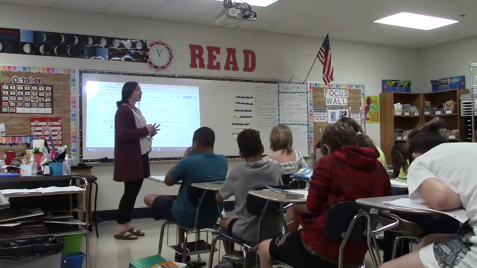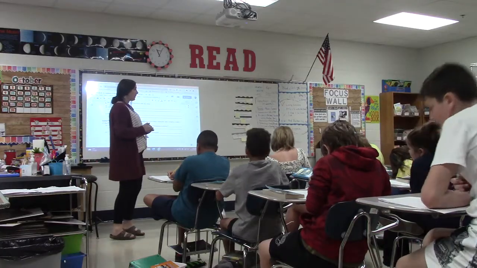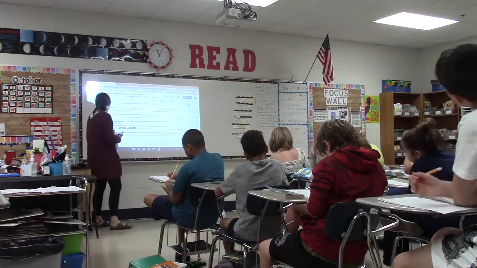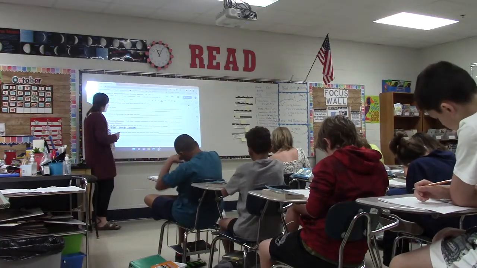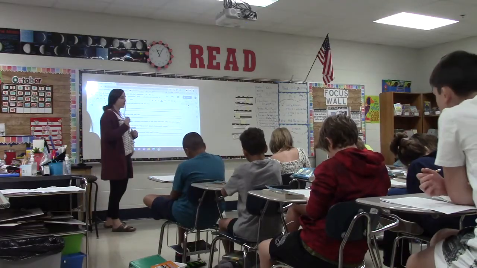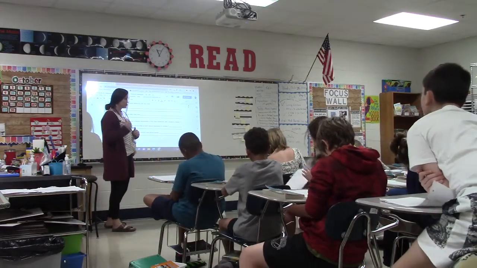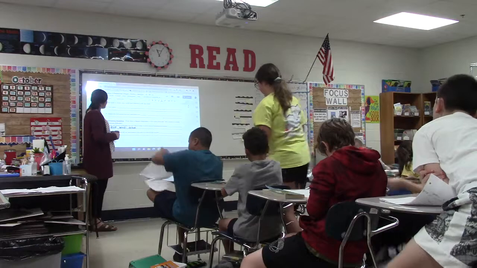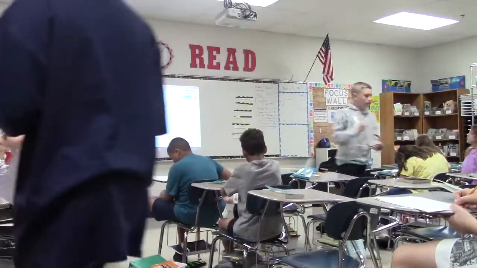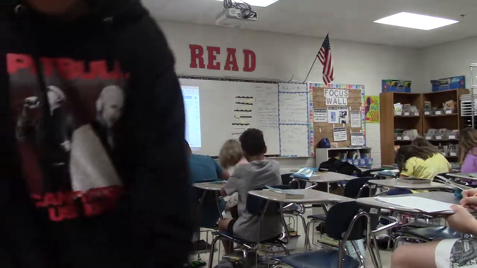We have to infer. We have to look at the quotes and we have to infer. So I'd like you to answer number 19, and once you get an answer, go turn it into the tray. That's for you to answer. What did we learn about Milo?